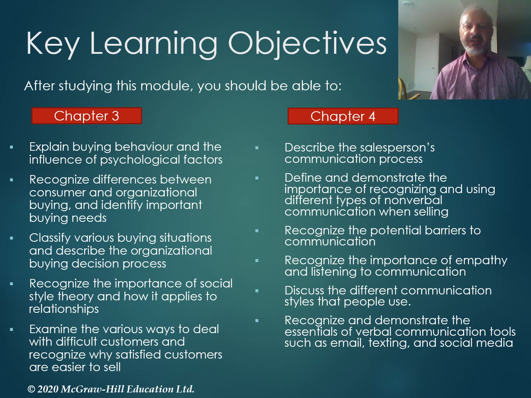We're also going to recognize the differences between consumer and business or organizational buying and identify important buying needs. We're also going to look at classifying various buying situations and describe the organizational buying decision process.